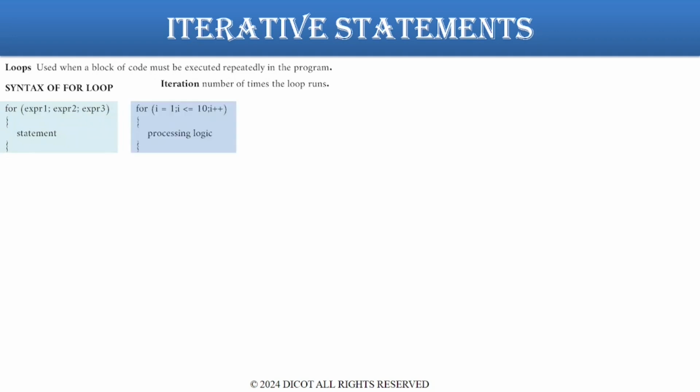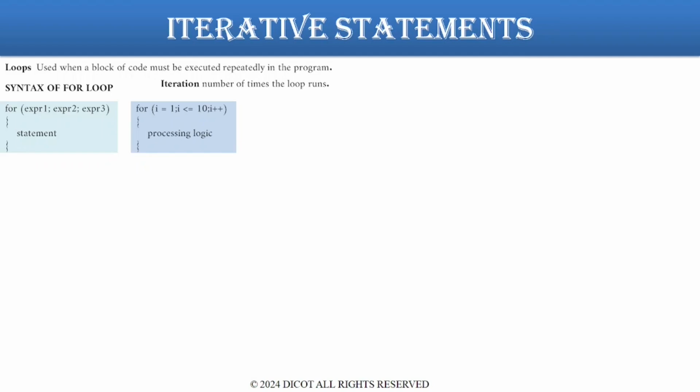Let's consider a simple for loop example to illustrate. Here, for i = 1; i <= 10; i++ represents one for loop. In this case, the body of the for loop will execute 10 times. i is initialized with 1.